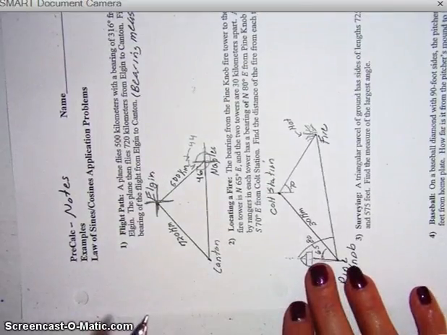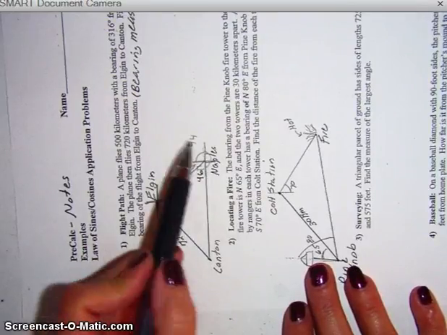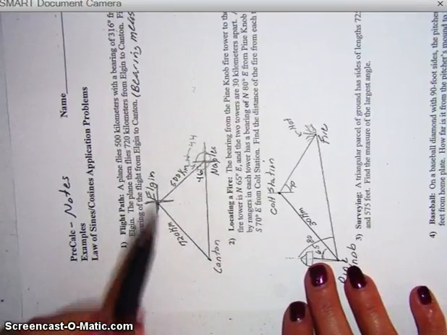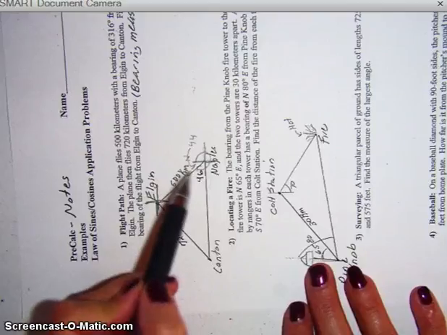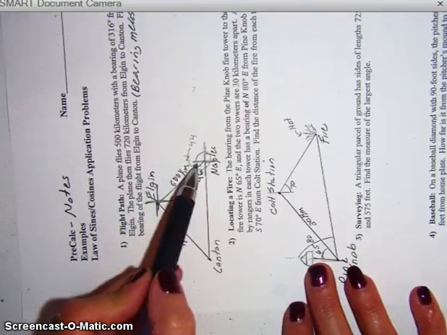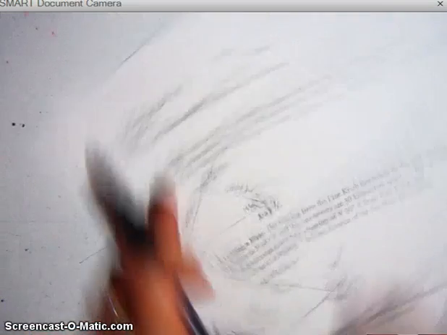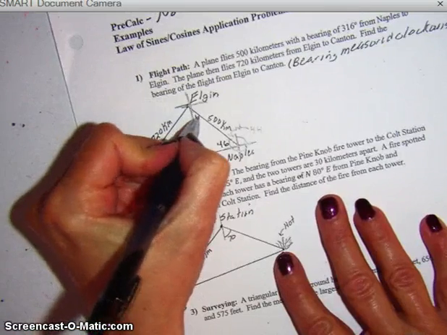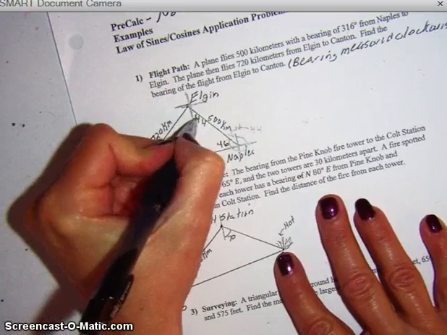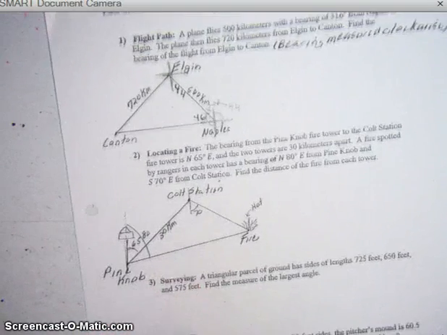Alternate interior angles. If this east-west is parallel to this east-west, then Leah's saying that this 44 is alternate interior with this angle right here. Everybody see alternate interior, AIAs? All right, so we're going to put right here 44. Why do we need that 44?